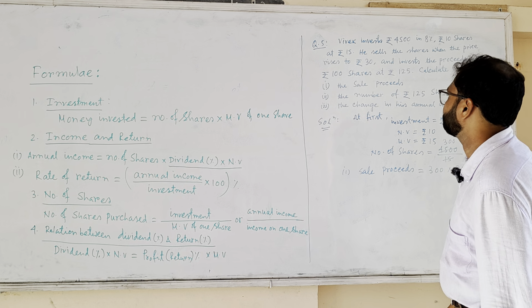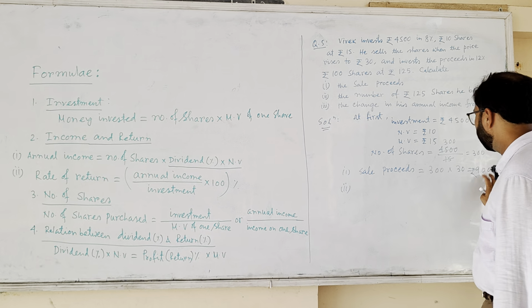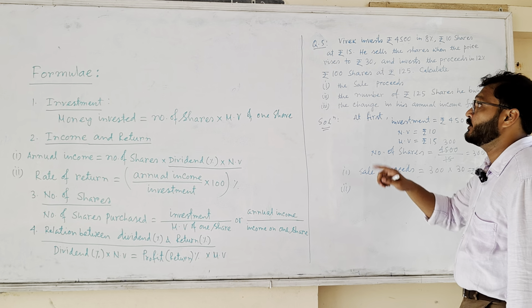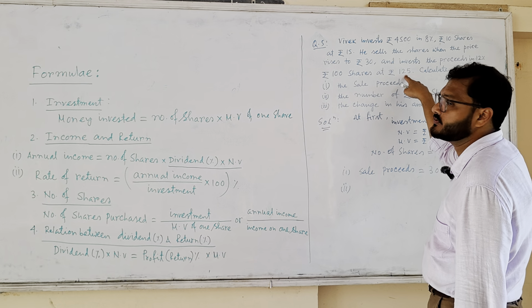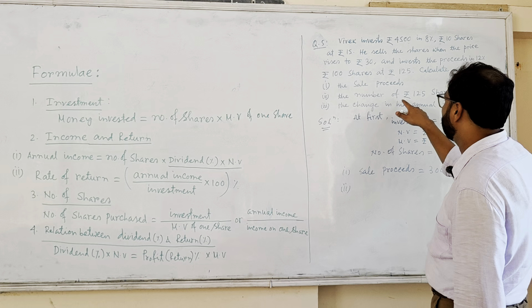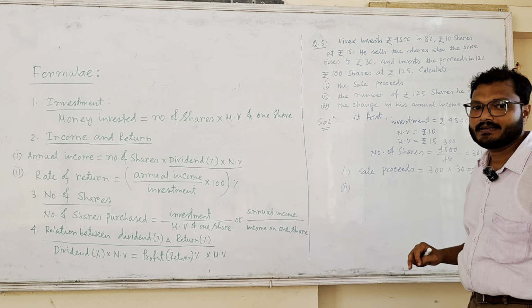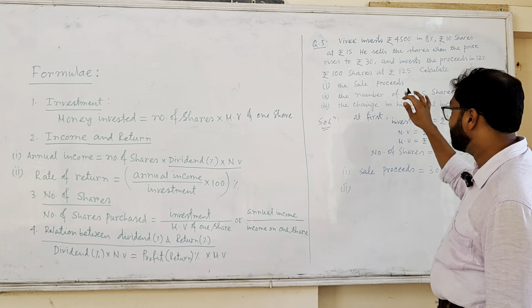Okay, sale proceeds. Now what did he do? He invested this 9,000 to purchase shares whose nominal value is 100 and market value is 125. So how many shares does he buy right now?